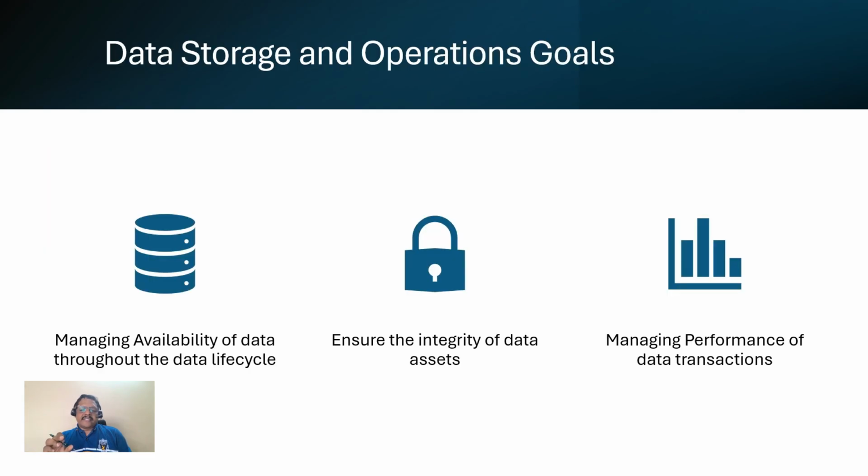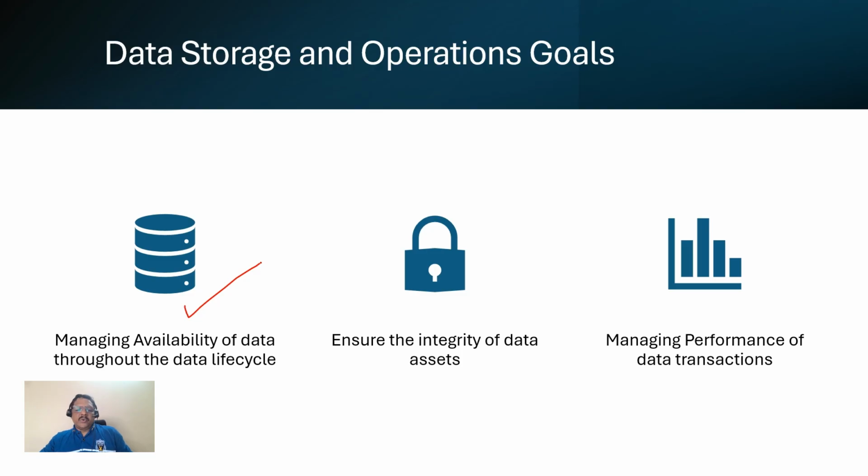So it's good to understand the goals of data storage and operations. There are mainly three goals. First one is managing availability, which means ensuring the data is accessible to authorized users throughout its life cycle. There should not be any unavailability of the data for the authorized users.